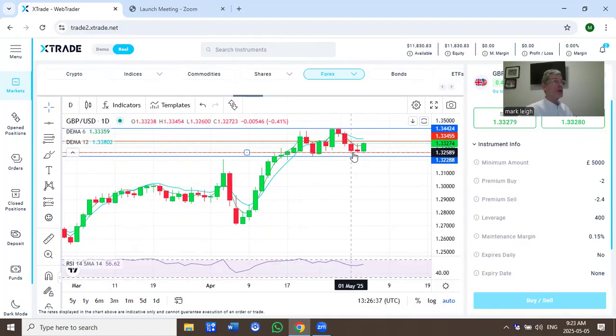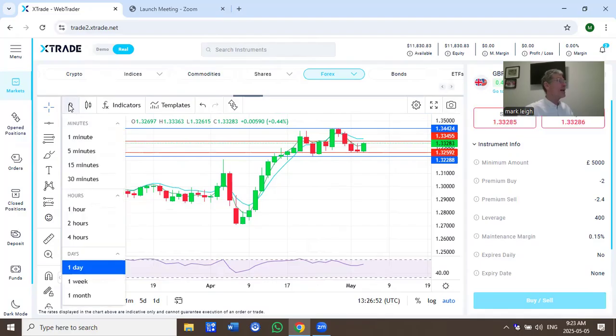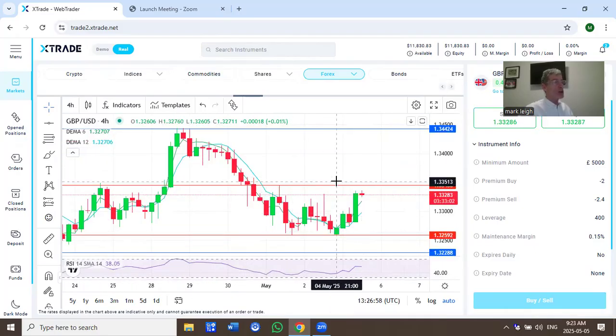Third day in a row off the strong support area at 132.58, and looking at 4-hour resistance at 133.45. Trend is still down on the pound, not yet enough to reverse that on the daily, but on the 4-hour there's the crossover uptrend, and there is resistance at 133.45.